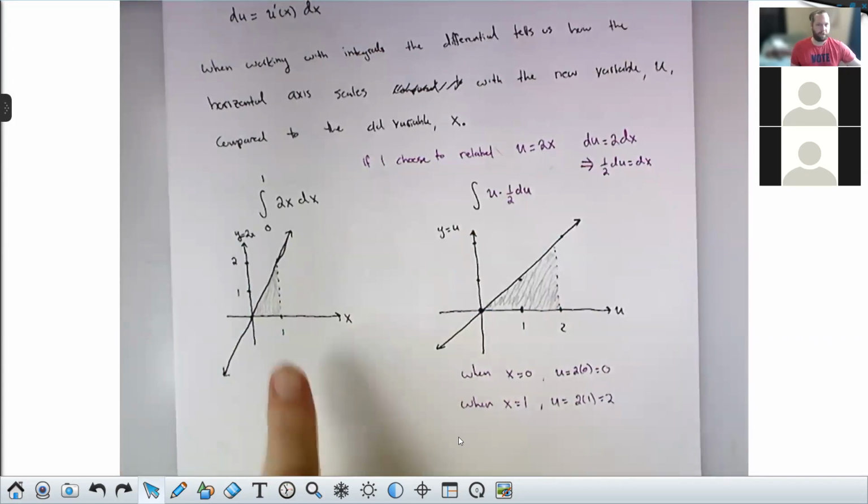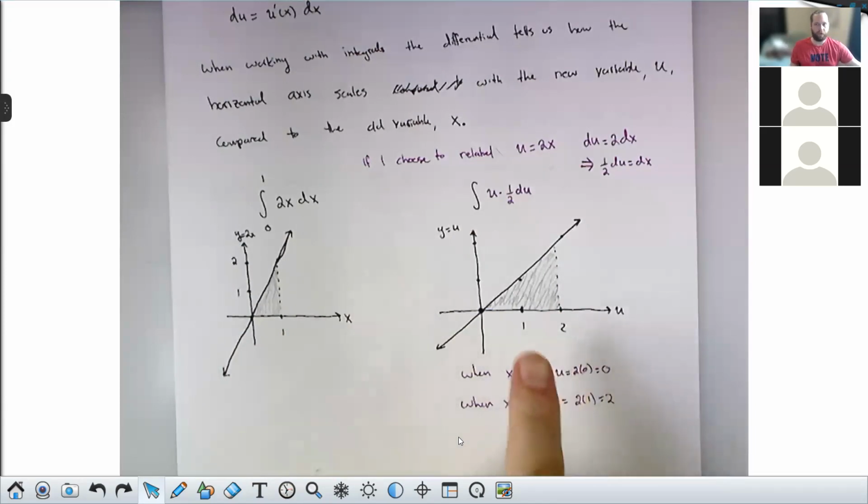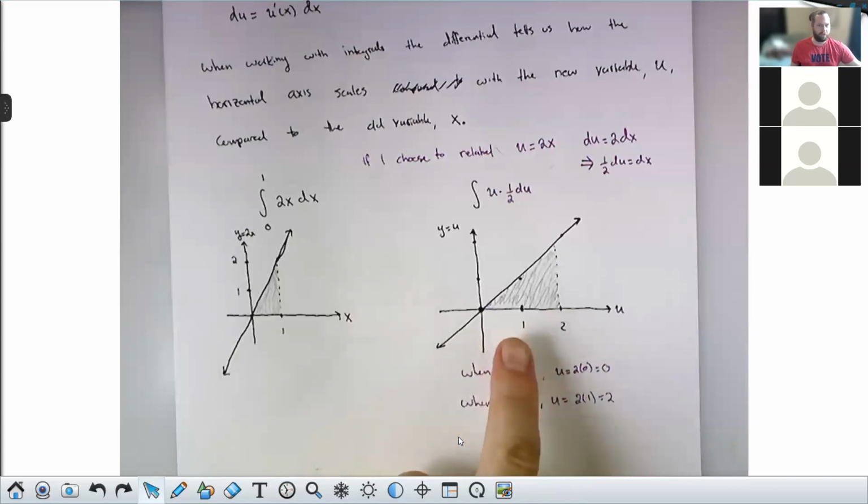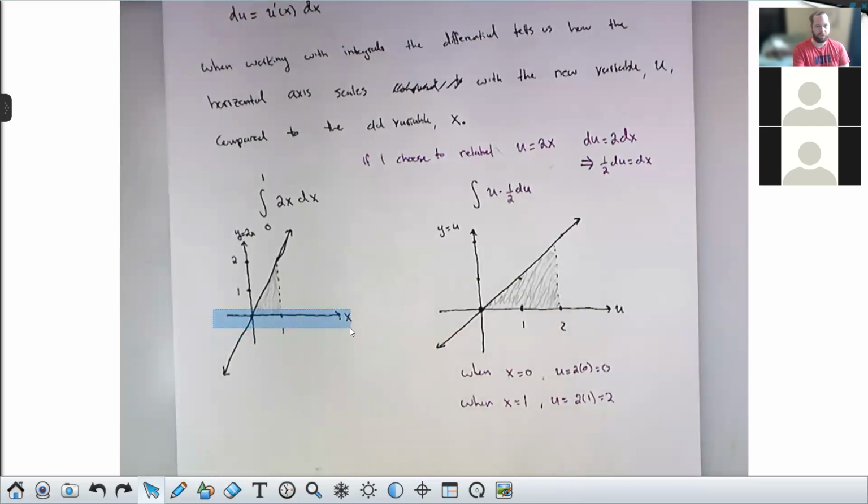If I take the first graph, this one, and I stretch it out by a factor of 2, I'll get this one. Yeah, Talia nailed it in chat. This area is exactly twice as big as this area. Because this graph can be obtained from this graph by stretching it out by a factor of 2 horizontally. So when I transform the horizontal axis from the x-axis into the u-axis, every little step forward in x is twice as big a step forward in u.